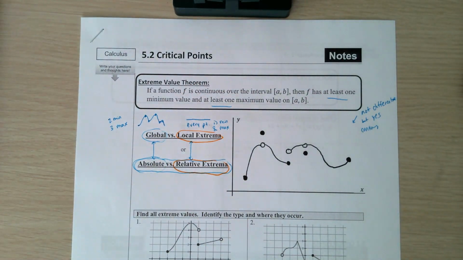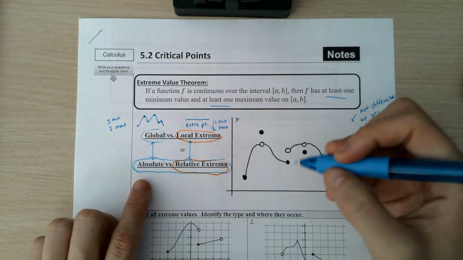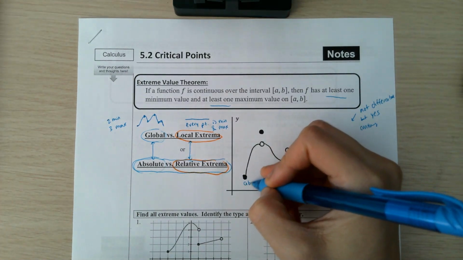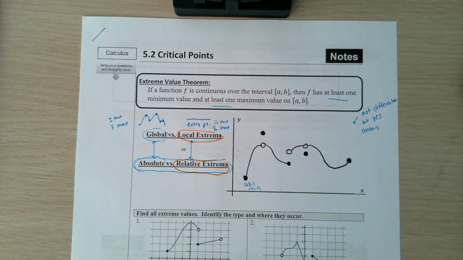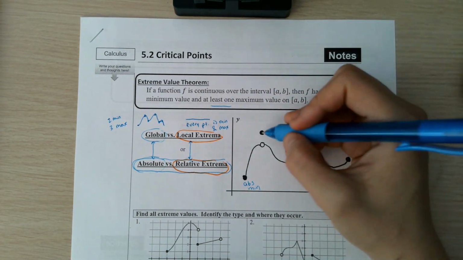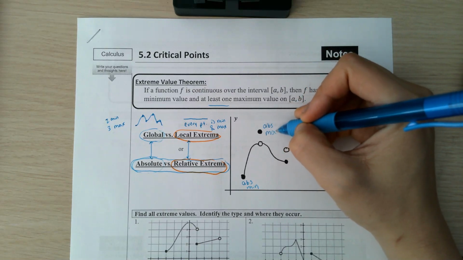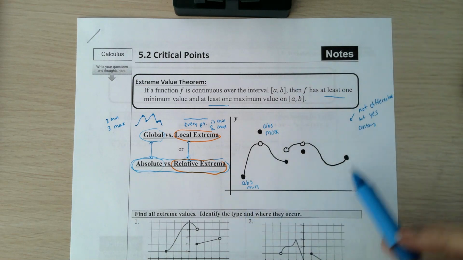It's just the overall. Oh, my blue's dying. Okay, so if I look for the absolute minimum, it's right here. It's the absolute lowest. So I'm going to label that as absolute min. And then if we look for the absolute max, it's right here, because this is the tallest point on our domain. Our domain is A to B. So this is A, this is B.